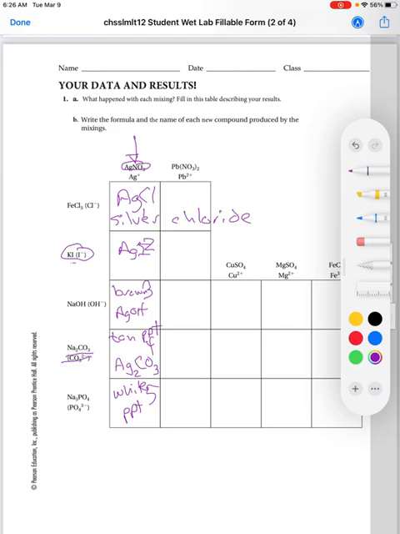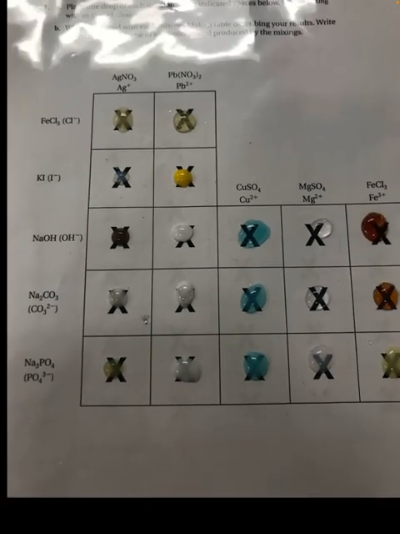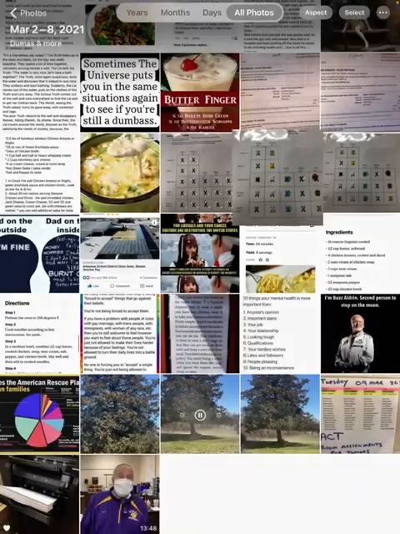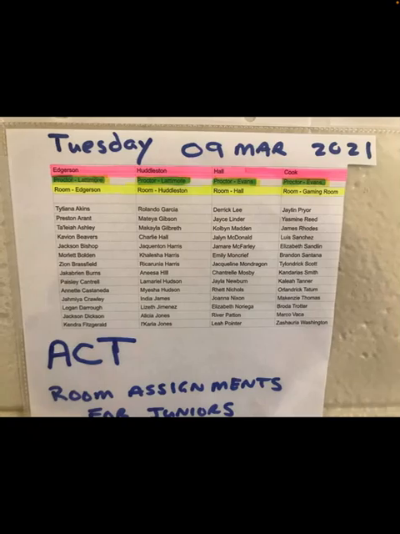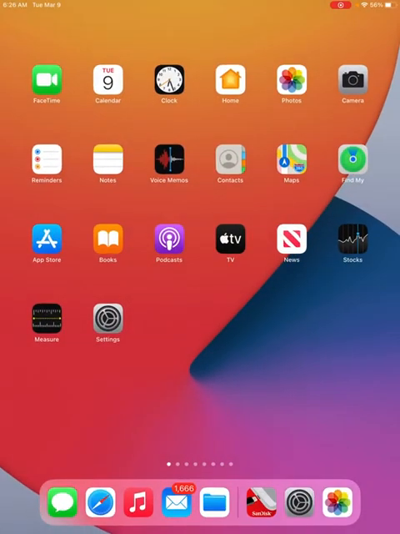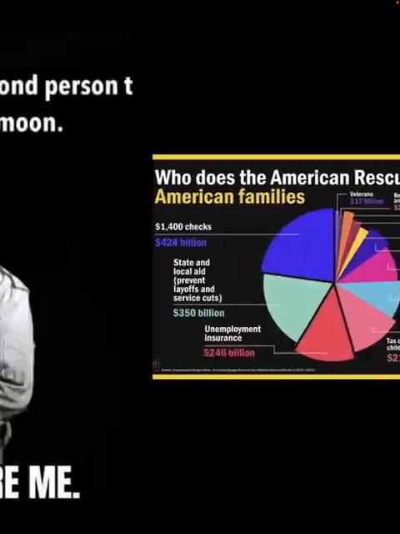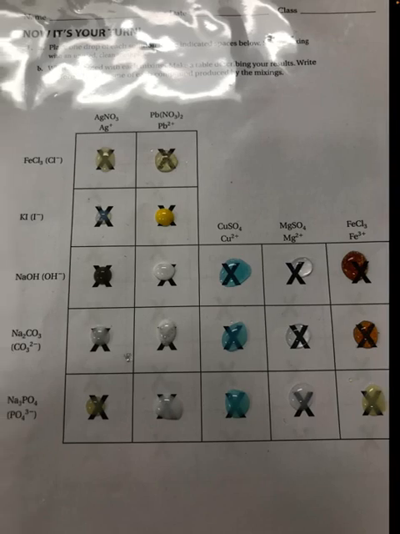If you want to see, I will briefly open that back up, because here are the results, top to bottom in the silver nitrate row. Oops, it's not going to go the way I want it to. Let me get back to it. My photos, here it is.